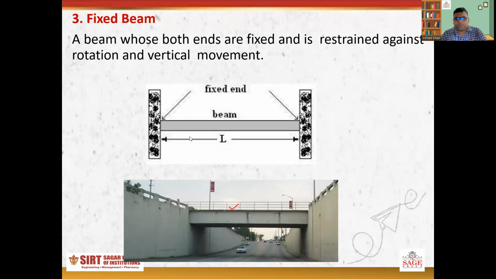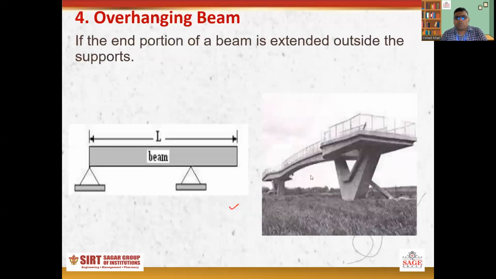Let's understand the next one, that is a fixed beam. In the fixed beam, both ends of the beam are fixed, and it restrains all kinds of rotation and vertical movement of the beam. This structure is an example of a fixed beam. Overhanging beam, you can understand with this picture.